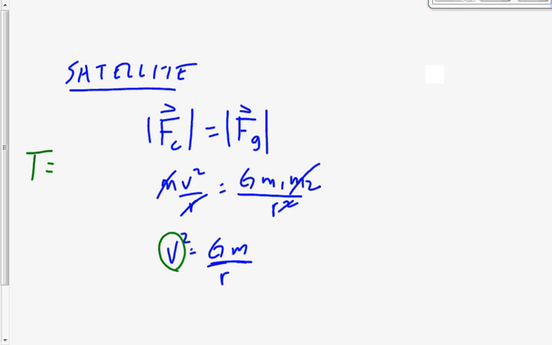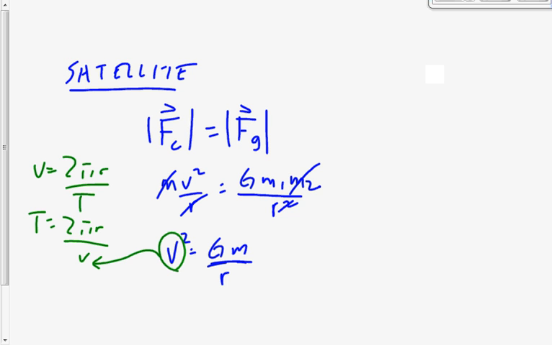Good. We're going to say v is equal to 2 pi r over T. And then, of course, if you're looking for T, you're going to rearrange that. It becomes the circumference, as Ryan said, over the speed. So calculate the speed in that equation that I gave you, then plug it into that equation that we learned on the very first day of this unit. v is equal to 2 pi r over T. Make sense?